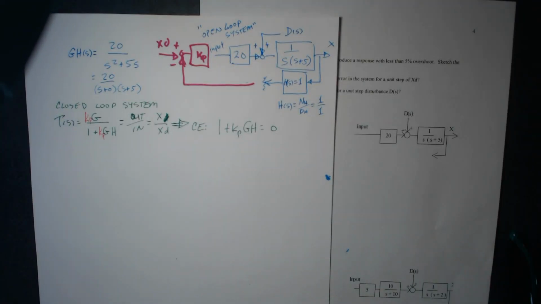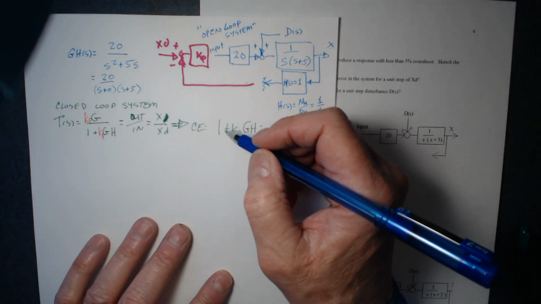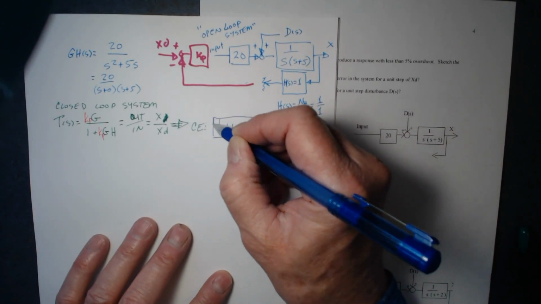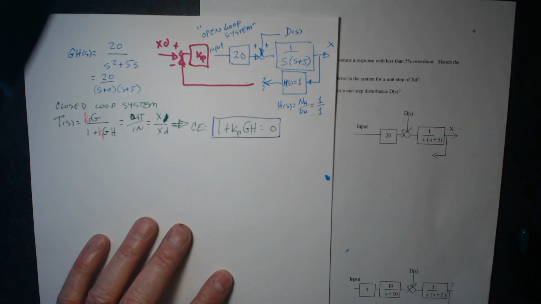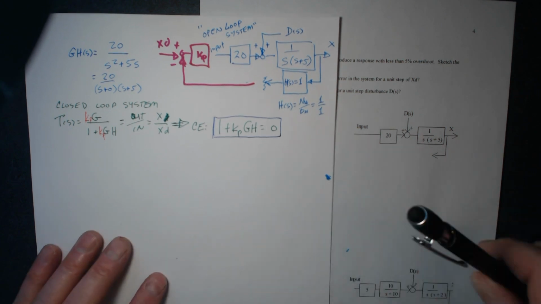That characteristic equation governs the dynamic response of my system. And since it governs the dynamic response of my system, I want to see what's going to happen here. I'm going to draw a root locus for the open loop system.